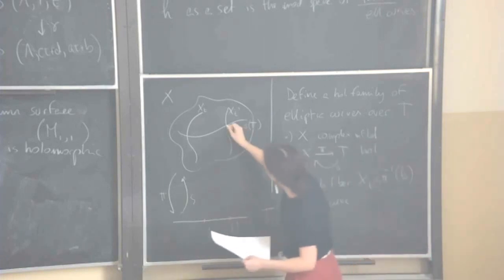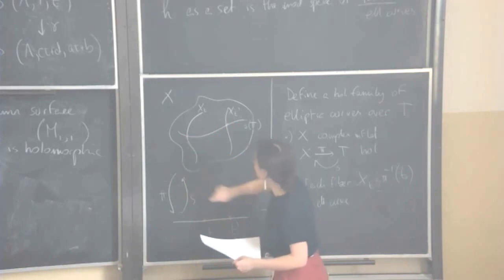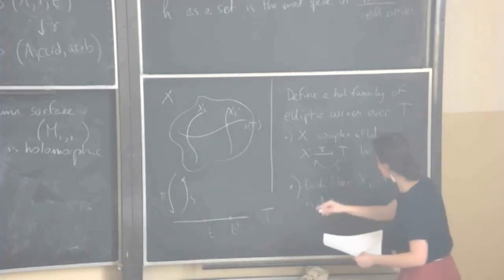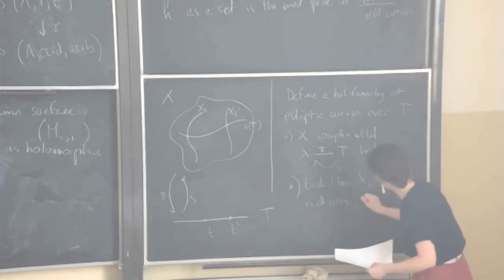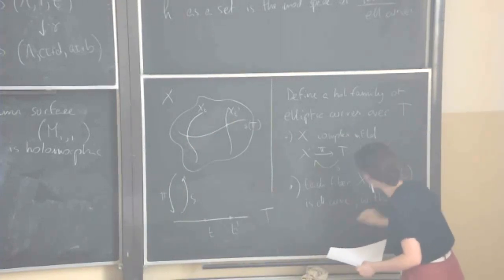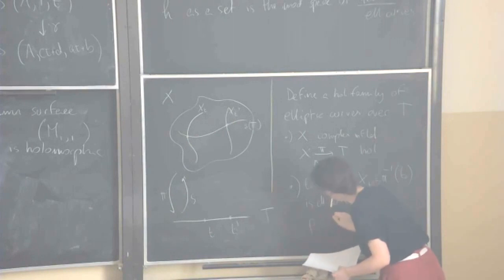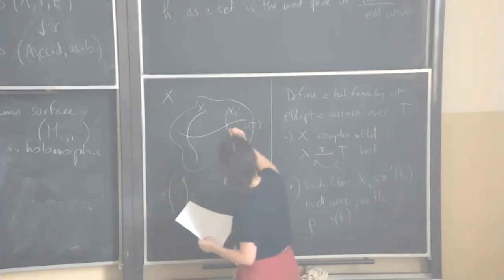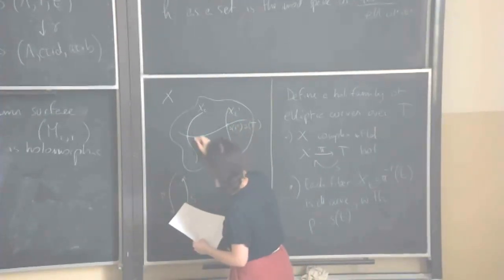And the 0, so the special point of our elliptic curve, is S of t, small t. So our special point P is actually this. So this is S prime, and this is S.